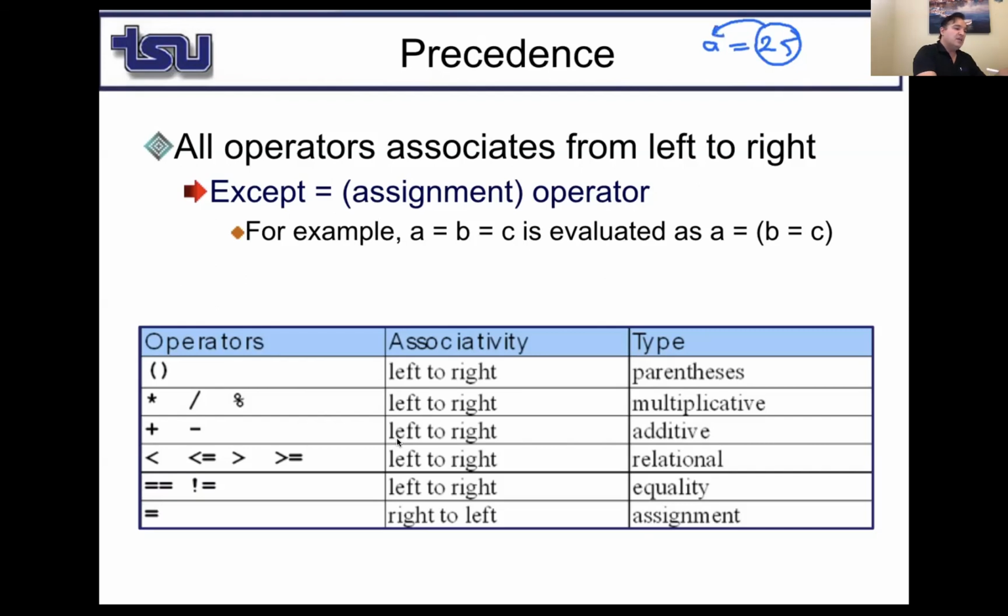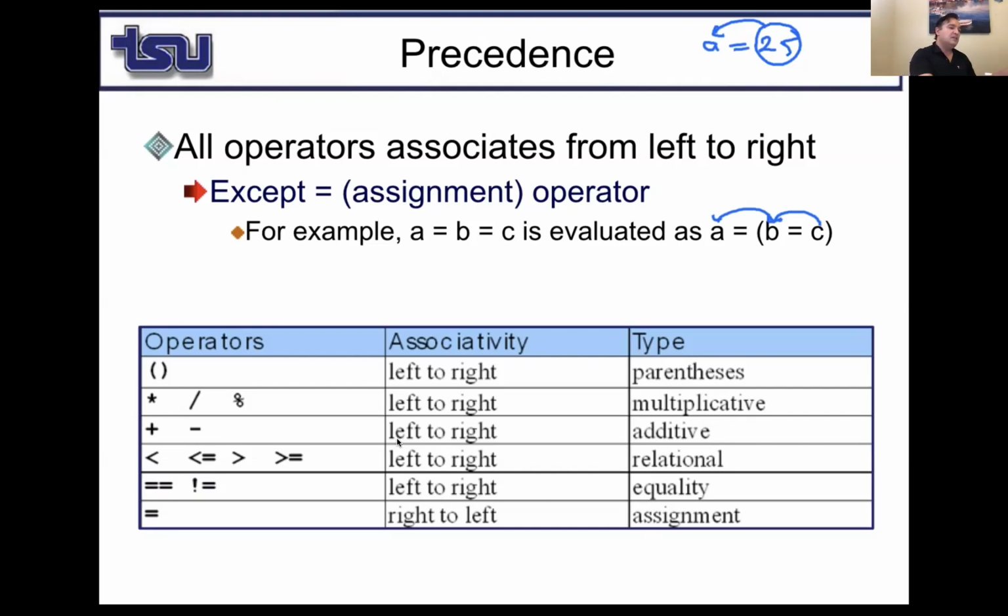If you say A is equal to B equal to C, what does that mean? That means first assign C to B, and then assign it to A.